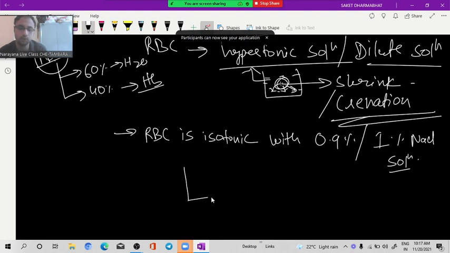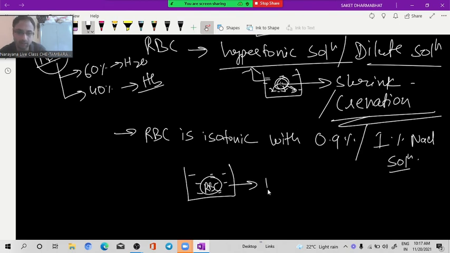If you put this RBC in 1% NaCl solution, the water will neither move inside nor come outside. Nothing will happen, because the cytoplasm of the RBC is equally concentrated to 1% NaCl solution. Clear up to here?